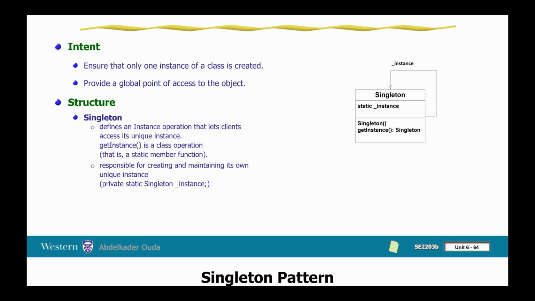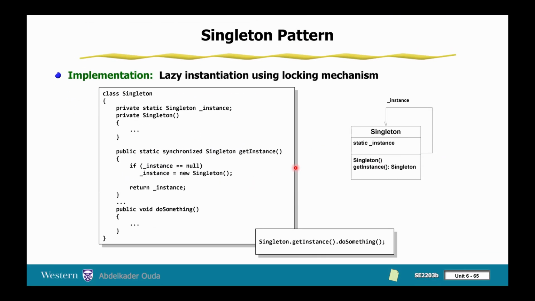Okay, so there are two different ways to implement this method, getInstance. The first one we call lazy instantiation, using Java's built-in locking mechanism. So let us look at that code. We define the association link to itself. I call it here in this example _instance, of type, look at that, the same class.